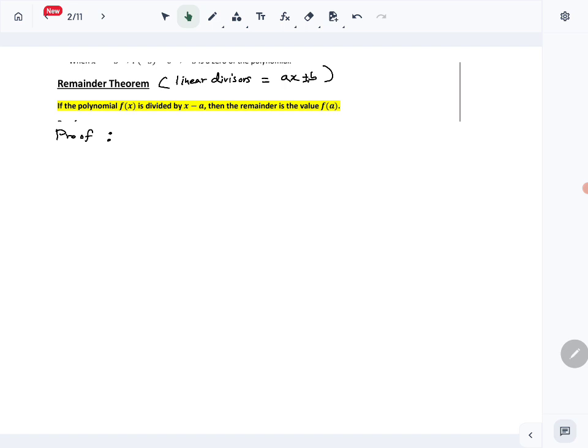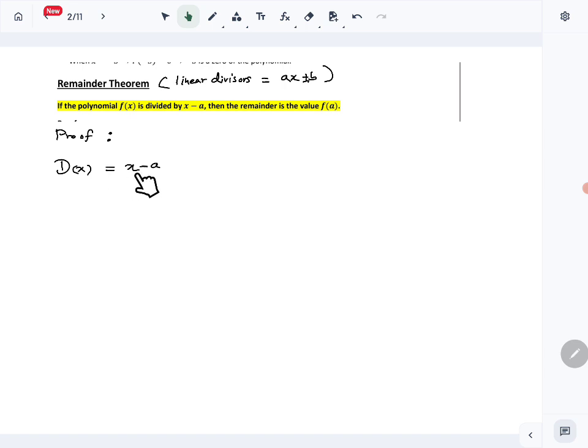So now observe that the divisor is x minus a. So this is linear. So remember, when we did the division algorithm, the remainder is going to be then what degree?